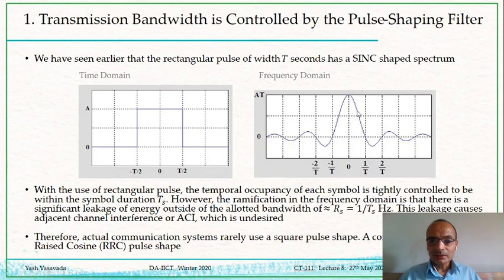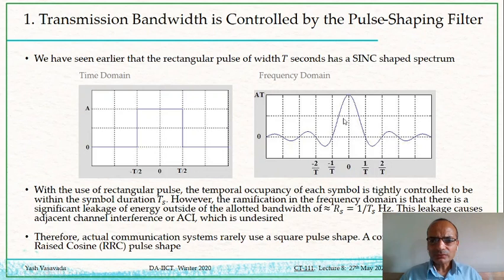And that leakage of energy does decay as you go further and further away from the center of that main lobe. Unfortunately, the sinc function decays kind of slowly. It decays as 1 over x. That is the definition of sinc, by the way. You may recall sinc is a sin x over x type of function, and 1 over x is not a rapidly decaying function.